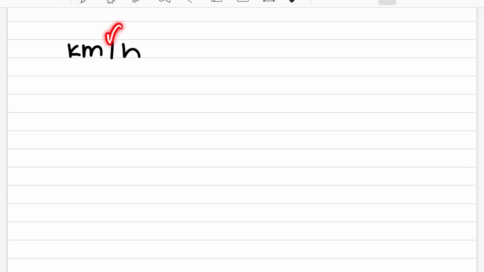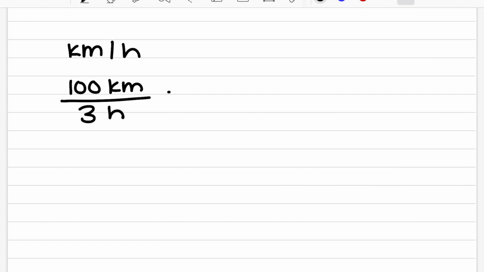And again, this per is going to mean division. So she's done 100 kilometers in 3 hours. So her average speed is going to be 33.3 repeating kilometers per hour.